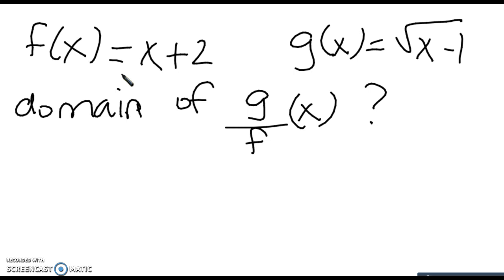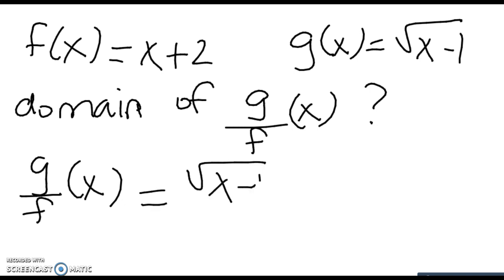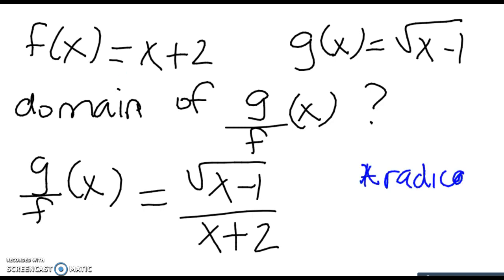The quotient of g and f would equal the square root of x minus 1 divided by x plus 2. Again, we have two special scenarios that we have to consider here because we have a radical and we have a fraction or a rational equation. So let's look and see what happens here.